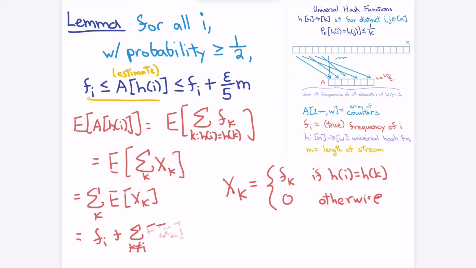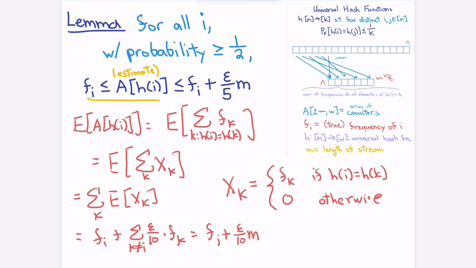So this here will become epsilon over 10 times the frequency of that element. And then all the frequencies added up is at most m, that's the length of the stream. So you get f sub I plus epsilon over 10 m. All this is really saying is that the average noise is epsilon over 10 m.